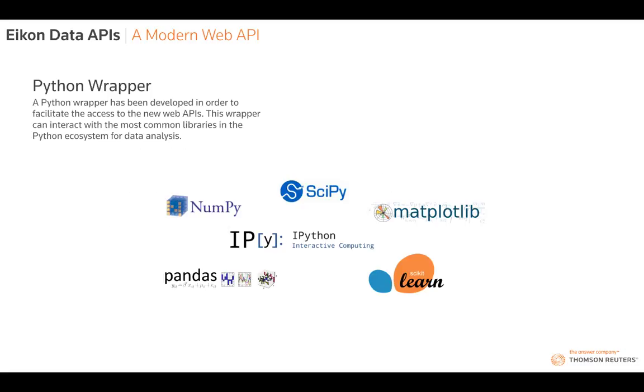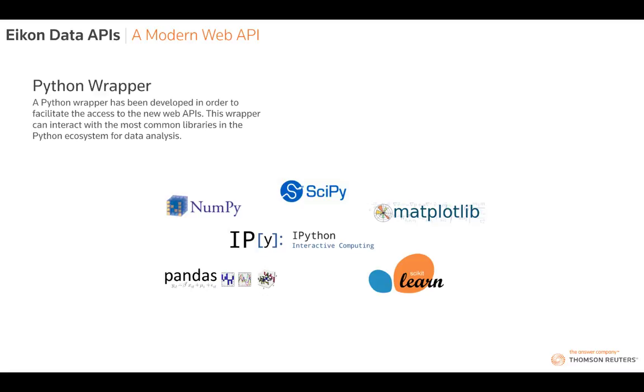In addition to this API, we have also developed a Python wrapper in order to facilitate access and interaction with this new data API. This wrapper was built in a form that is compatible with most common libraries in the Python ecosystem for data analysis. For example, all the results that come back from the Thomson Reuters backend, all the data that you retrieve, comes in a data frame or a pandas series, so it's ready to be used within pandas workflows.